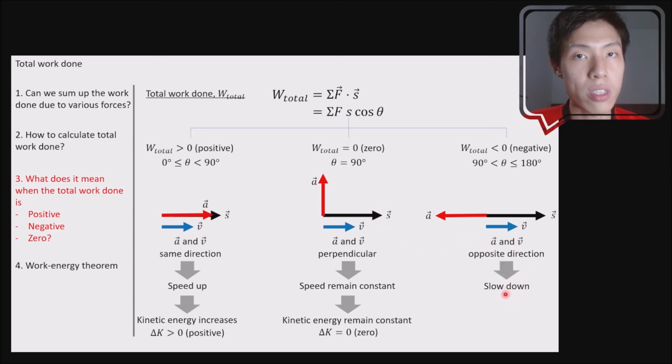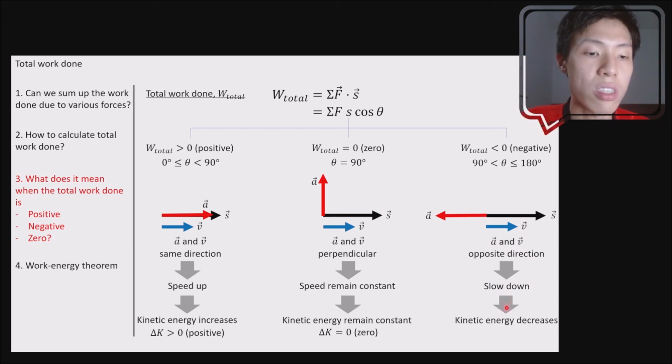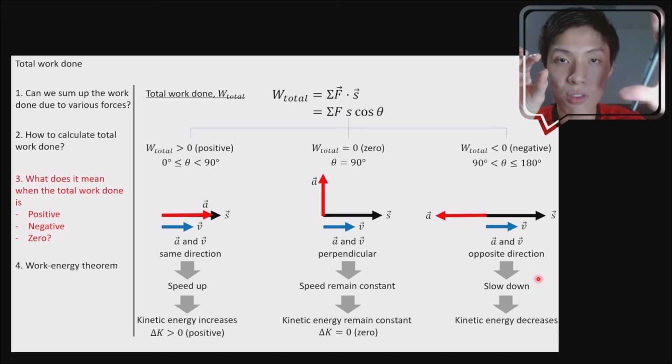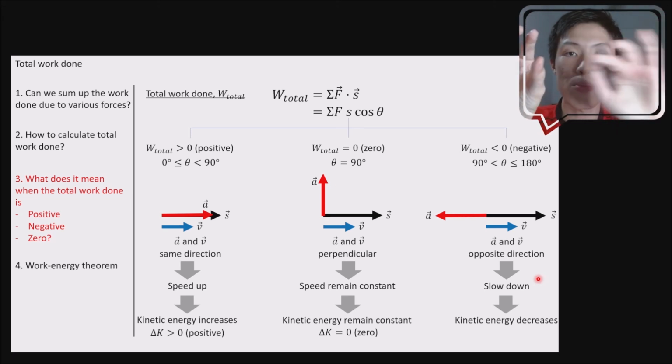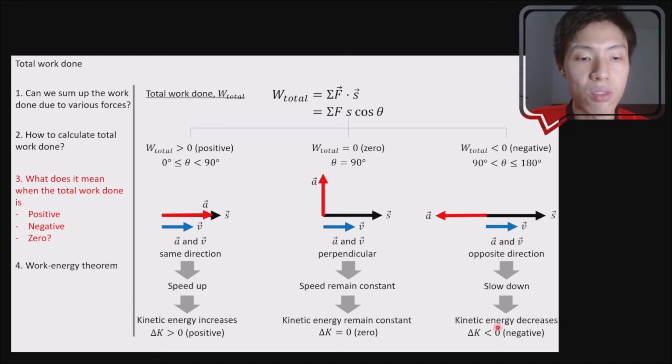If the object slows down, the speed will decrease, so your kinetic energy should decrease as well. That means your final kinetic energy will be smaller and your initial kinetic energy will be greater. If you have a smaller value minus a larger value, you will get a negative answer. That's why your change in kinetic energy is less than 0, or you can say your change in kinetic energy is negative.